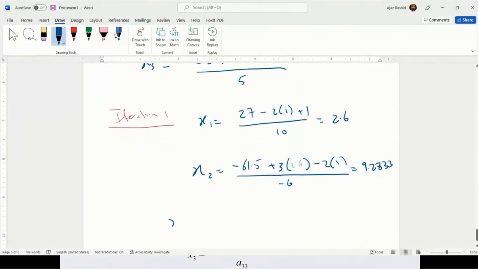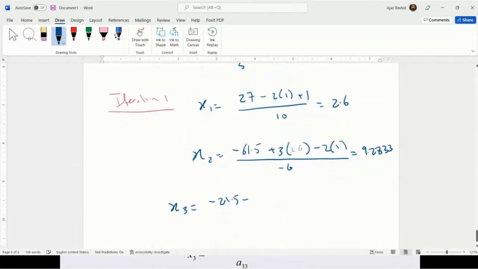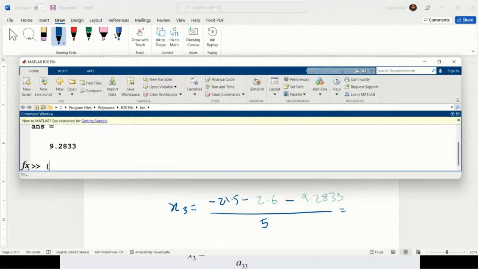And x3 is minus 21.5 minus x1, of course, the new value, which is 2.6, and minus the new value, which is 9.2833. So minus 21.5 minus 2.6 minus 9.2833 divided by 5. So minus 6.6767.